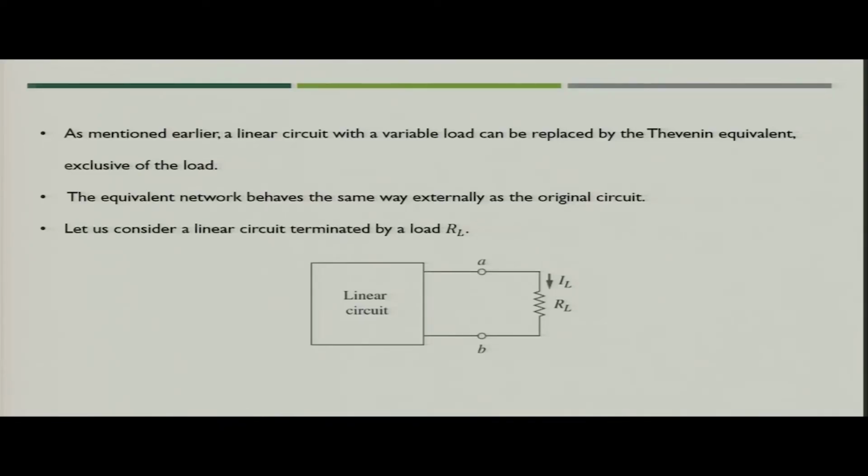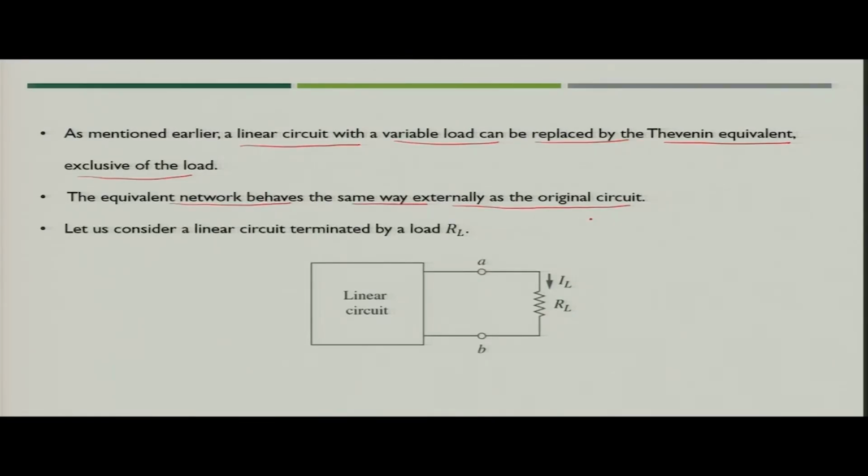Now, as we have discussed, a linear circuit with variable load can be replaced by the Thevenin equivalent excluding the load. This equivalent network will behave in the same way as the external circuit is behaving, because you are creating the Thevenin equivalent of the external circuit by keeping the VI characteristic equivalent.